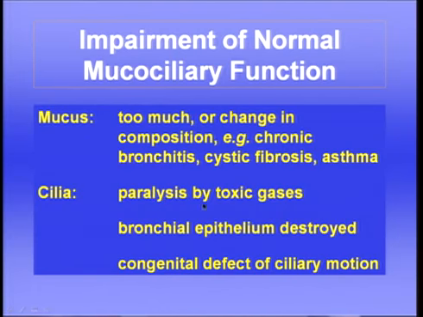They can be paralyzed by toxic gases. There are many gases that people are exposed to inadvertently. Cigarette smoking, of course, is one, but quite apart from that, there are a number of accidents caused by chlorine. Chlorine is used a lot in industry, and it is transported in big tanks, and occasionally one of these will fall over and release chlorine, and cars will go through the chlorine cloud, and people will be affected by it.